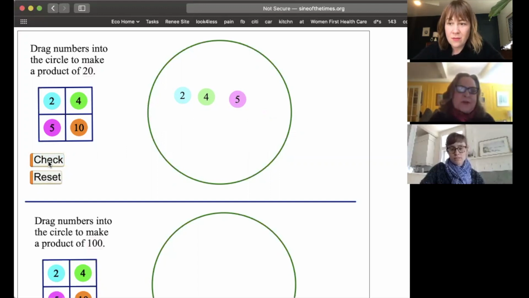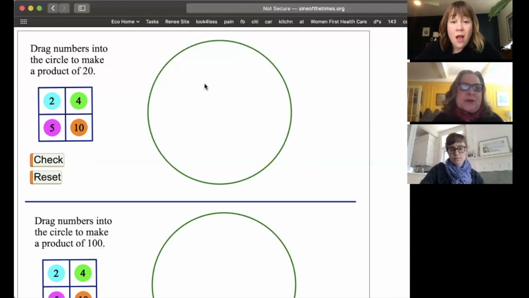Let's go back to the original way you made 20, which was 4 times 5. If you reset it and use your original factors, 4 times 5, is there a way of thinking about deconstructing one of those factors that would help you make 20 with 3 factors? Yeah, that's a great idea, Toni.